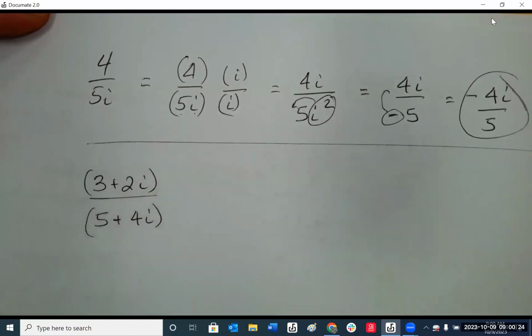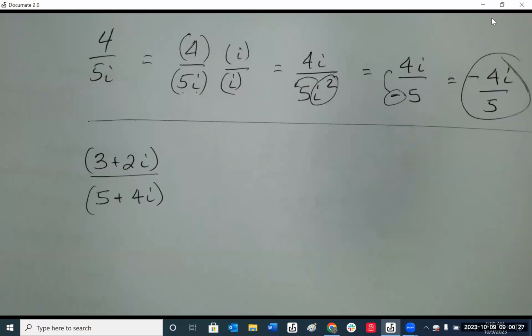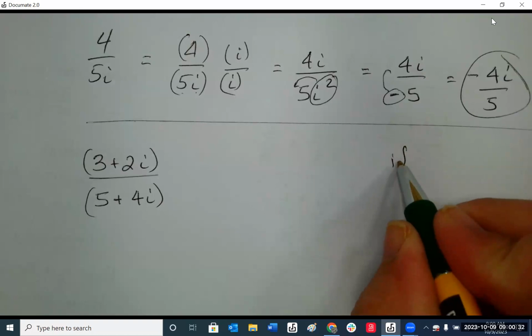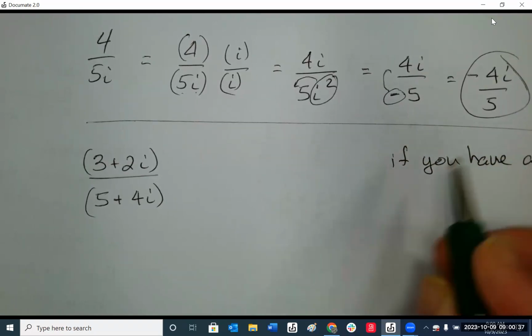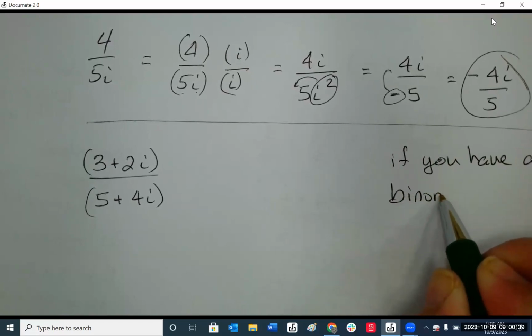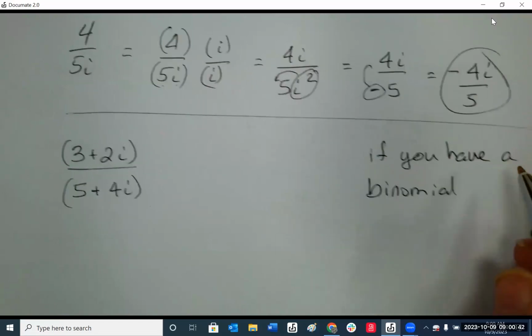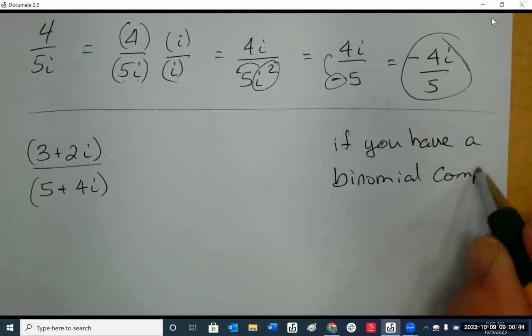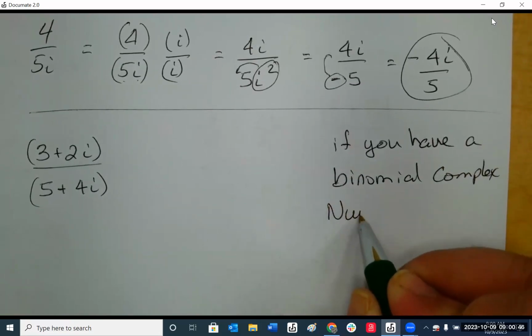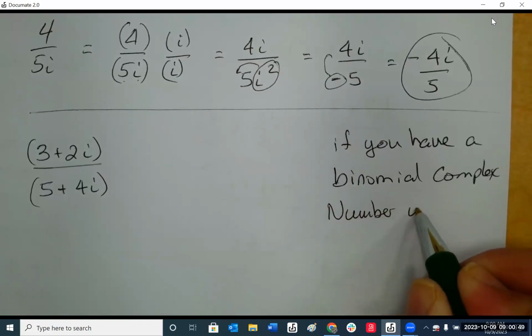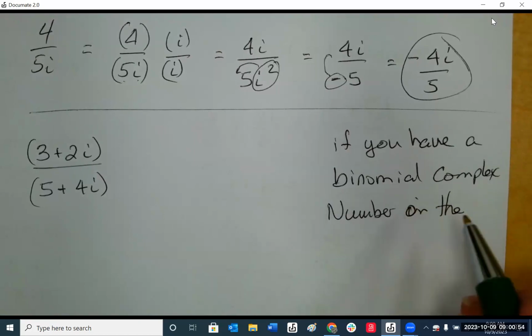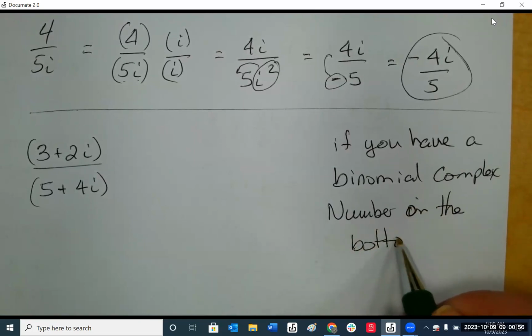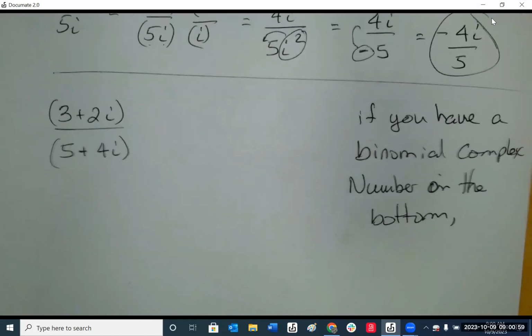And now what if we had binomials on top and bottom? If you have a binomial complex number in the bottom or on the bottom, what do you think you have to do?